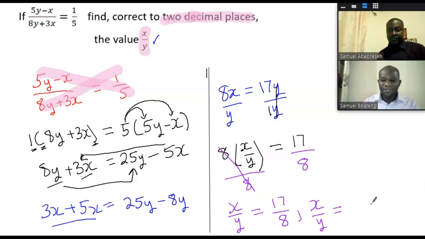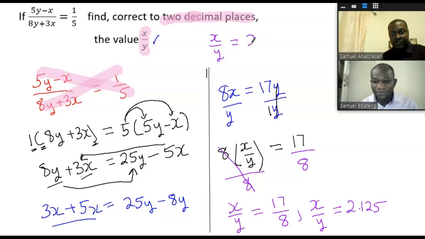So x on y is equal to 2.125. We need to correct it to 2 decimal places before you can get the full mark. So x on y, to 2 decimal places, will be 2.13.